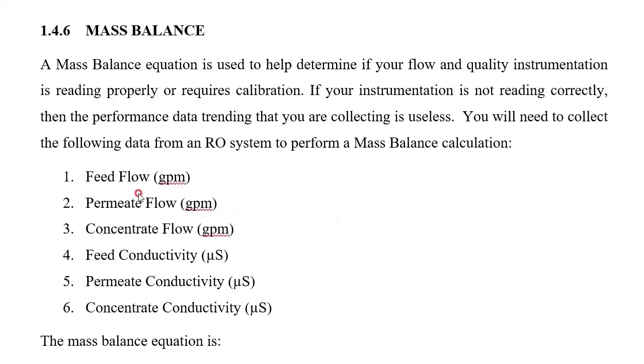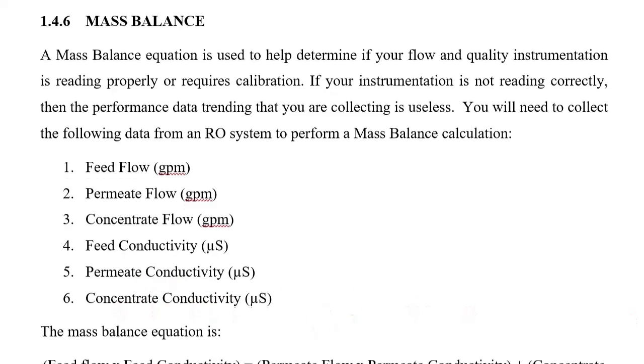For this, this data has to be collected: feed flow, the amount of feed water we are putting in, and permeate flow, the amount of fresh water or pure water that we are getting. Concentrate flow is the amount of water that has been generated as waste. And feed conductivity, the conductivity of the feed water or the raw water, the conductivity of the permeate water or the pure water, and the concentrate conductivity of the wastewater that we have generated.